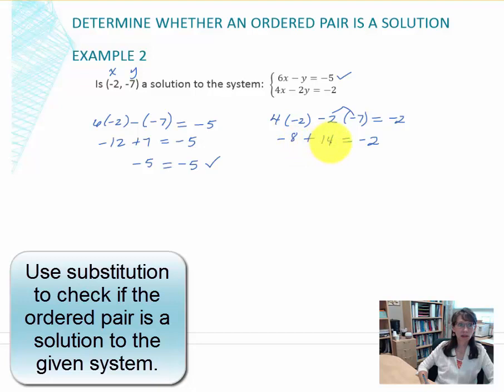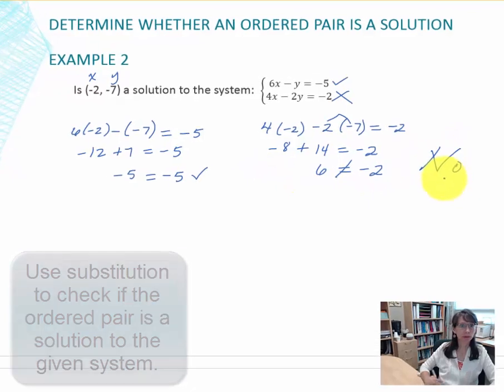When I combine -8 with 14, I get 6 equals -2. Well, 6 does not equal -2, so we do not have a solution. -2, -7 is not a solution because it does not satisfy both of the equations in the system. So our answer is no.